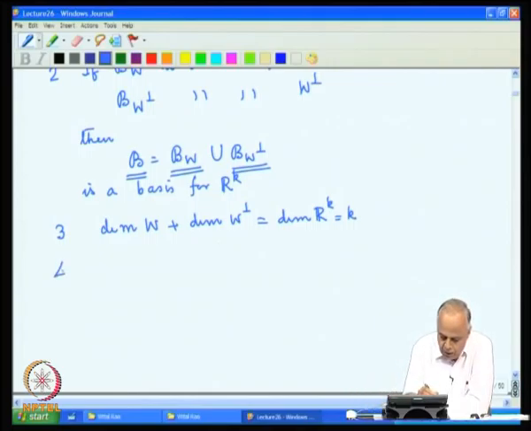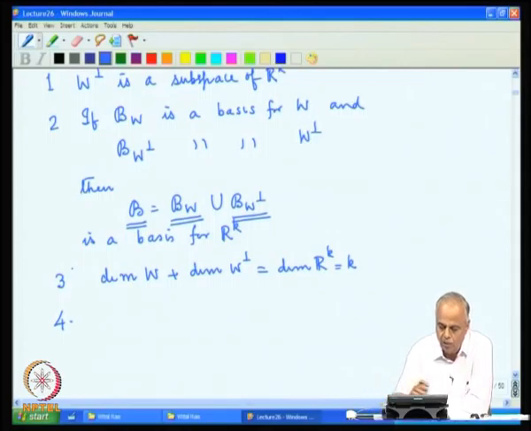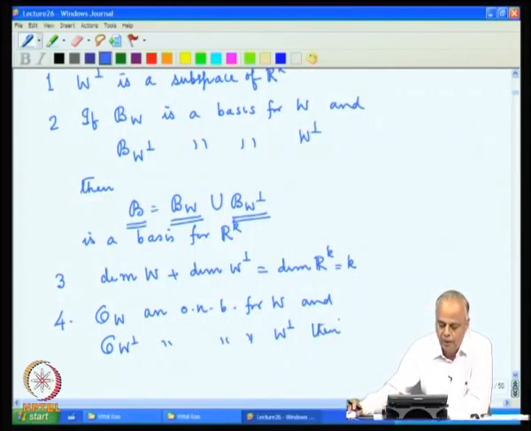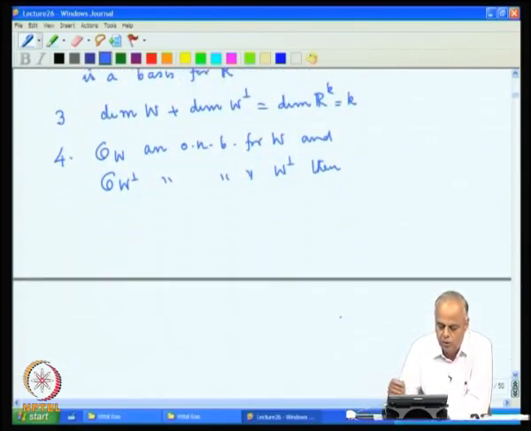Another special version of 2 is the fact that if you take an orthonormal basis for W, let us call it O W, and an orthonormal basis for W perp, O W perp, then putting them together we get an orthonormal basis for the whole space.